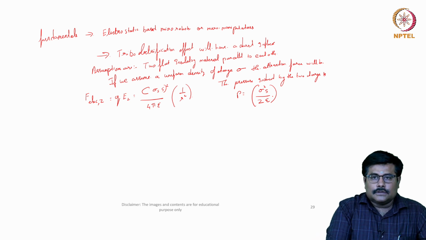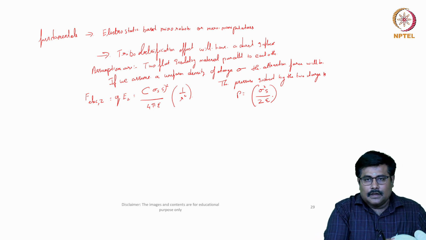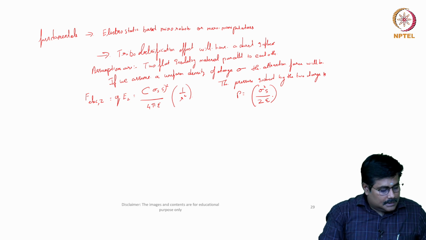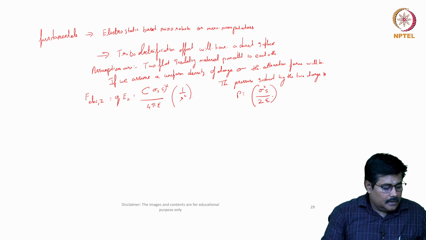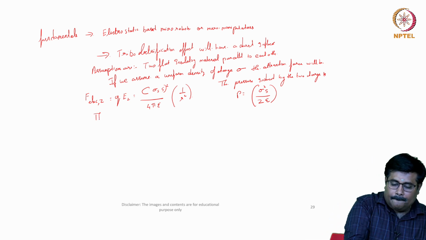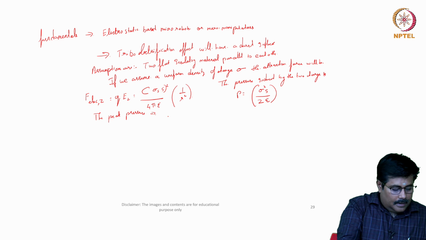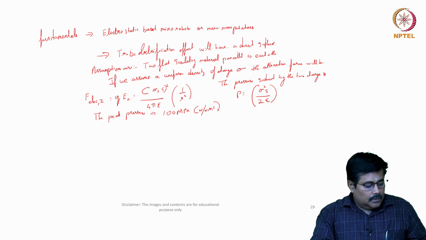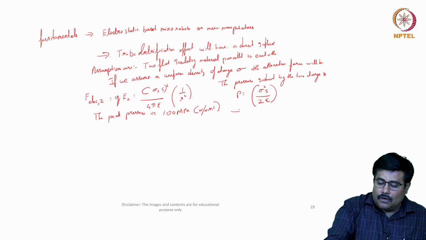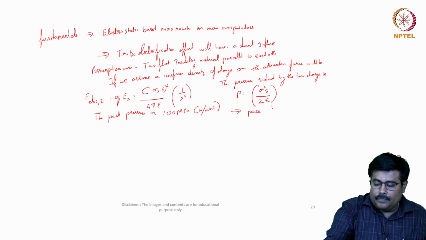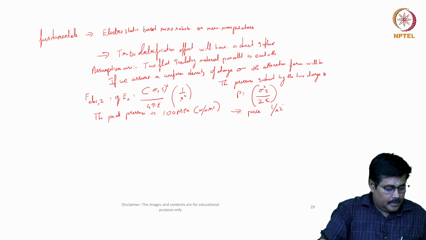So this force rapidly decreases with the distance of separation between the objects. The peak pressure can be in the order of 100 MPa, Newton per mm square, and it decreases at a pace of 1 by R square.